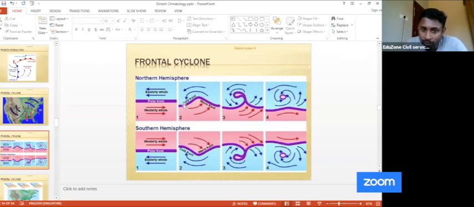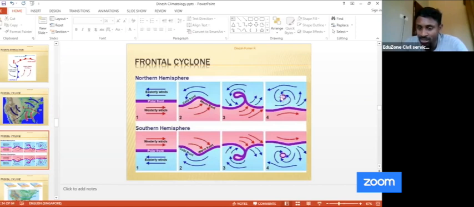Finally, the cold front, as it is faster, will overtake the warm front. What will happen? The entire warm air will move up. Remember, the occlusion is shown in top view. The cold air coming from the two sides will meet here. They will become a continuous flat line and the warm air will rise up, and that is my occlusion stage.